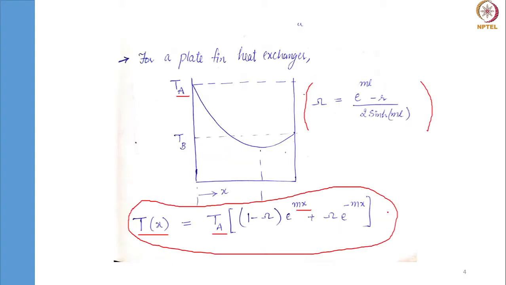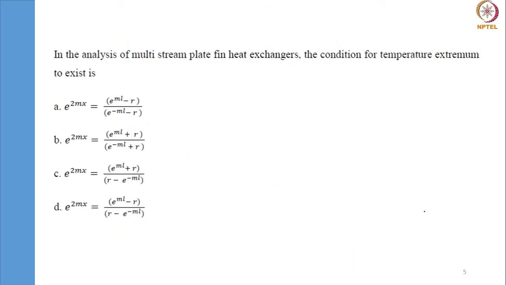This is already a known point. From this point we are going to start solving numericals today. I would encourage you to look at my screen and solve this particular problem. It is not a difficult one.